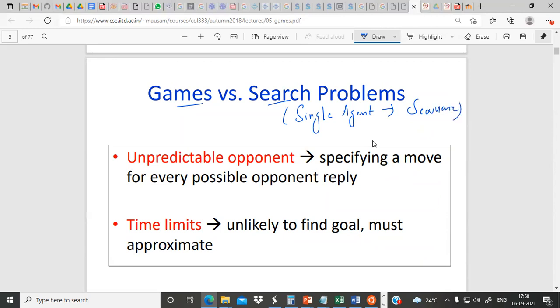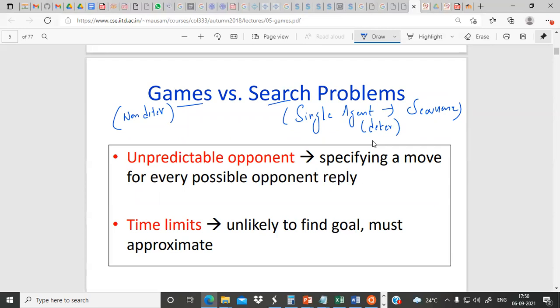And when you say games, we are talking about multi-agent problems, or problems in an unpredictable, non-deterministic environment. Here, single agent, we are talking about a deterministic environment. In a deterministic environment, the solution will be a sequence.